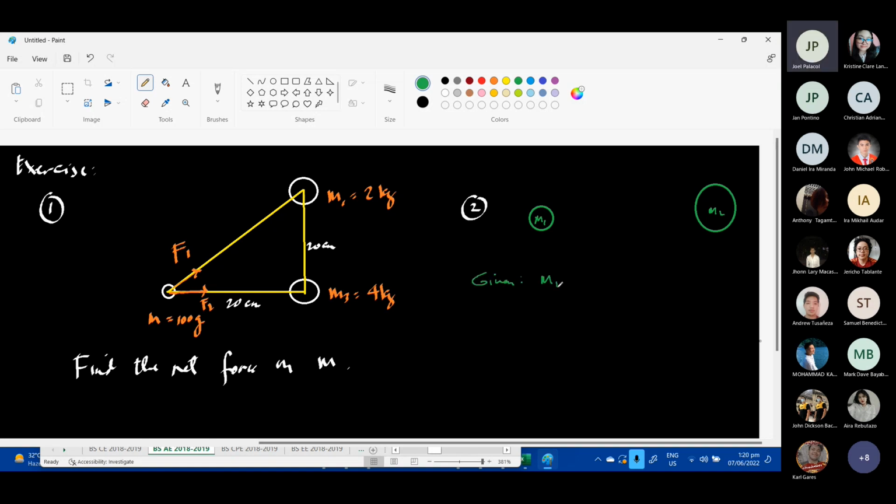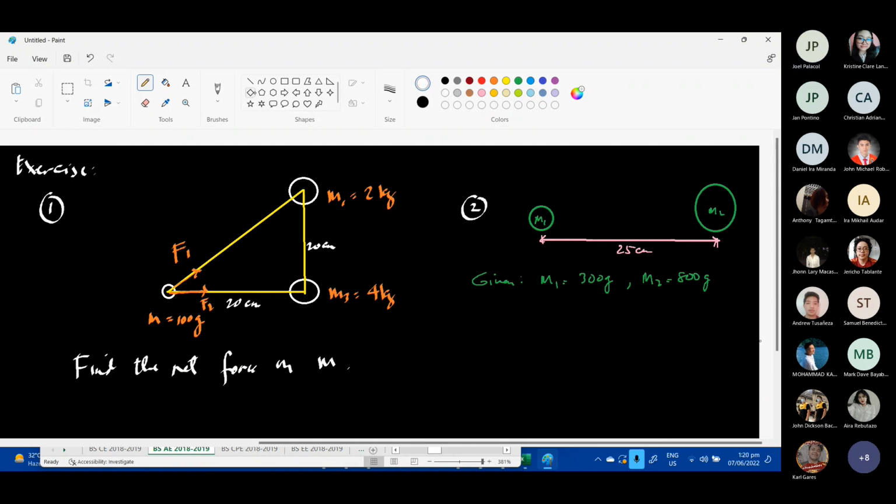Given M1 equal to 300 grams and M2 equal to 800 grams. Let us say that the distance between these two is 25 centimeters.